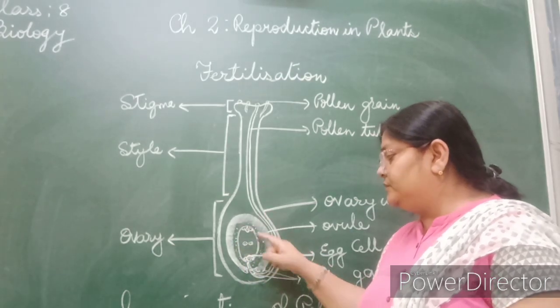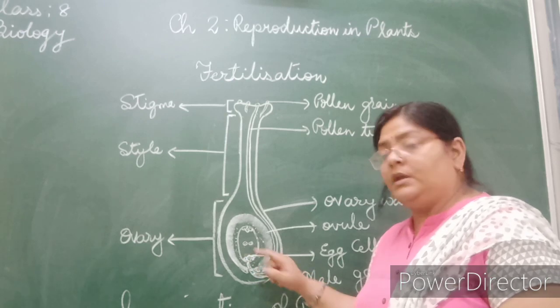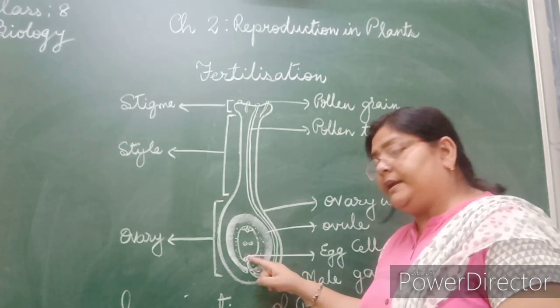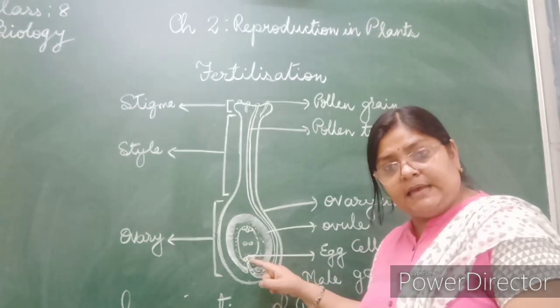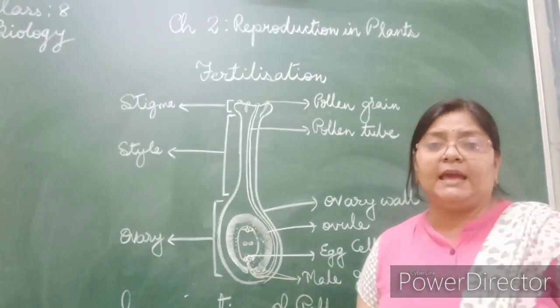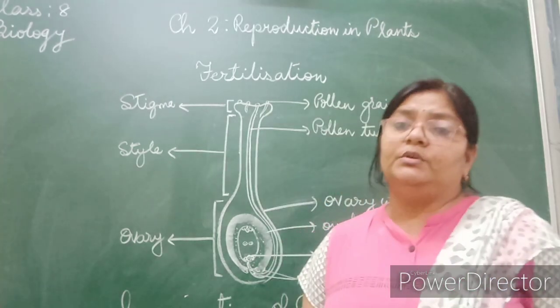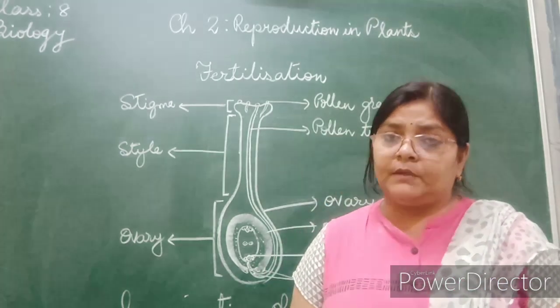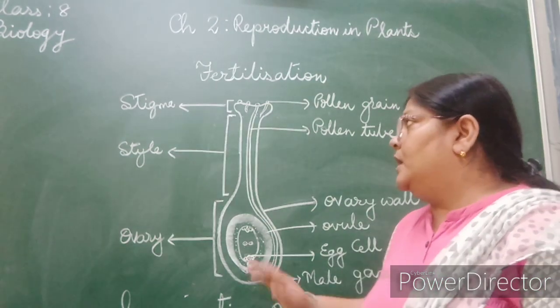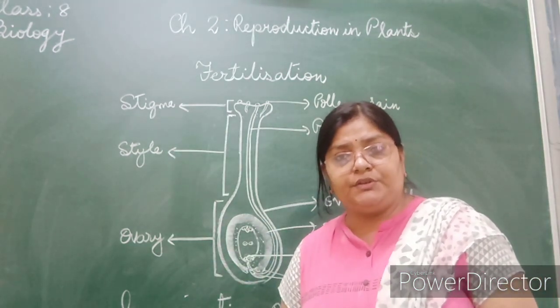This one central cell has actually 2 nuclei. Of the 3 micropylar cells, the central one is the egg cell, having the ovum.